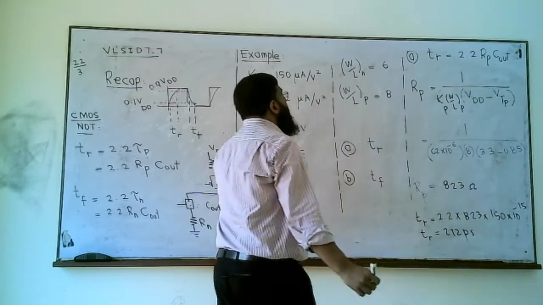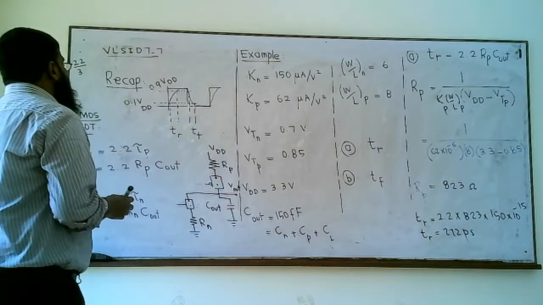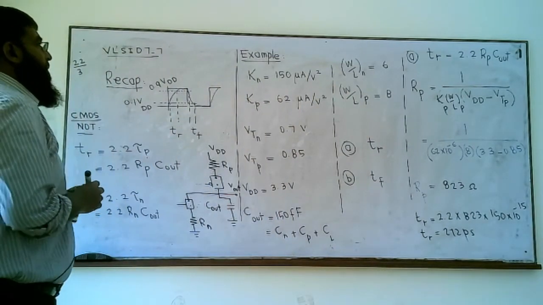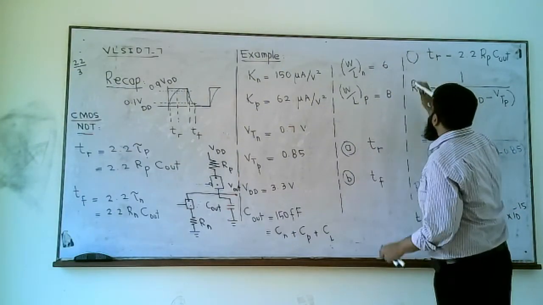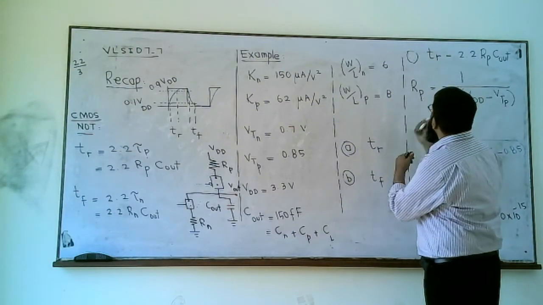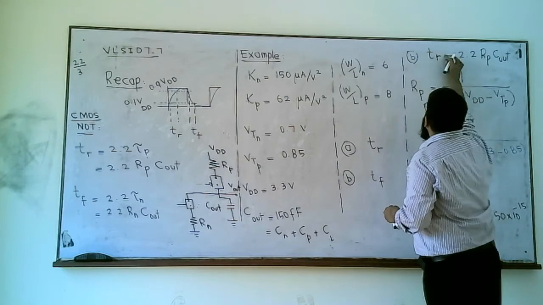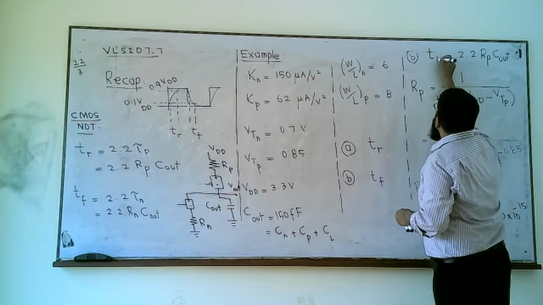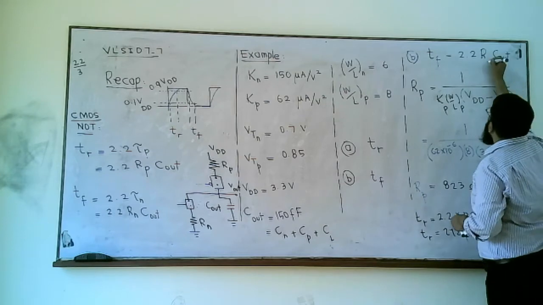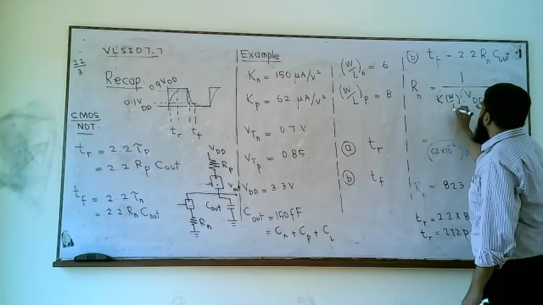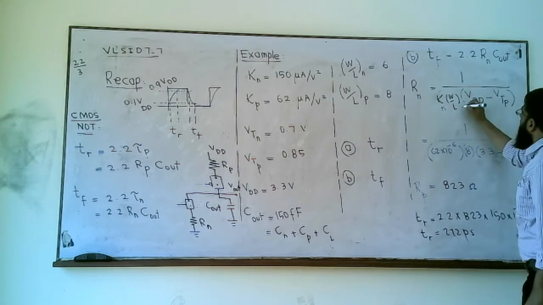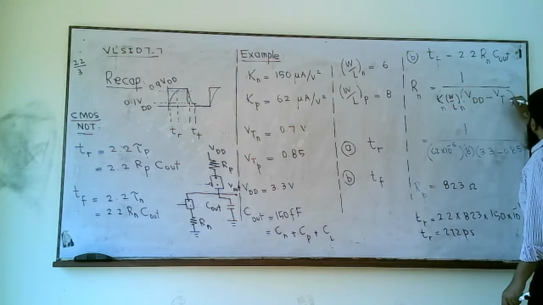Good. Similarly, we can find TF, the fall time delay. That's simple. We know TF is part B. We are going to find TF as 2.2 Rn C out. Rn is 1 over kappa n, aspect ratio of n, Vtn.